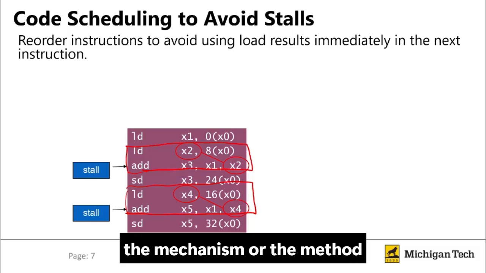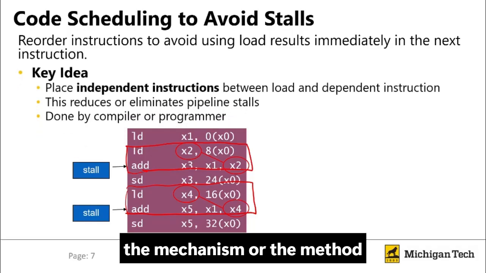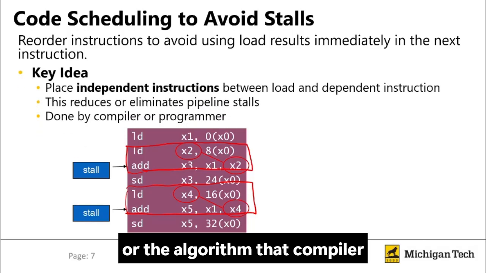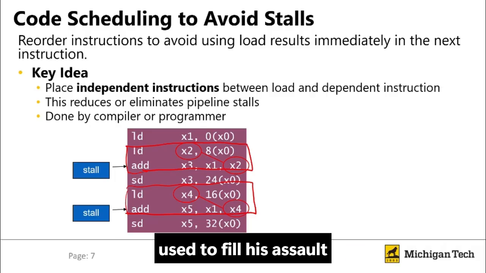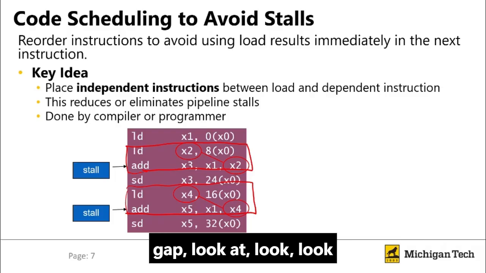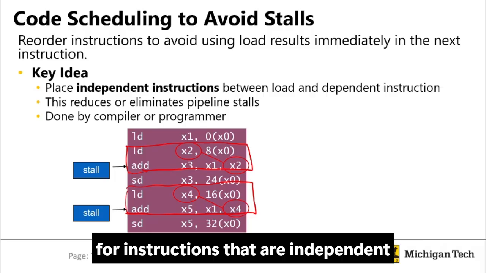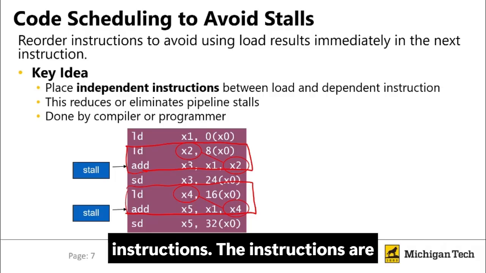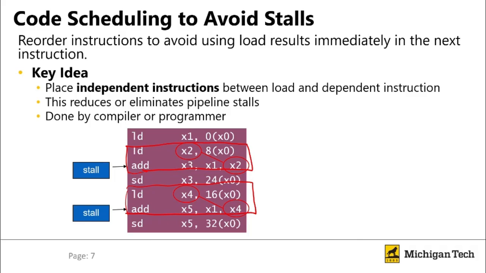The method or algorithm the compiler uses to fill this stall is to look after this gap for instructions that are independent. Instructions that are independent. I can write it up.